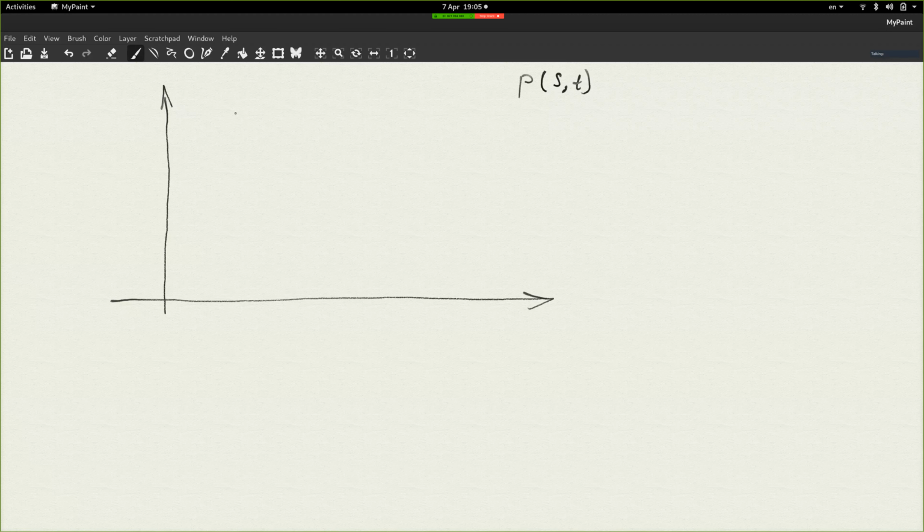And to that extent, let the horizontal axis be the T axis and the vertical one be the S axis, okay? Obviously, the S axis may extend into the negative as well. Depending on our model, it may or may not have negative values of S.